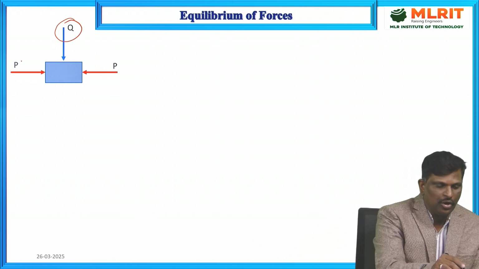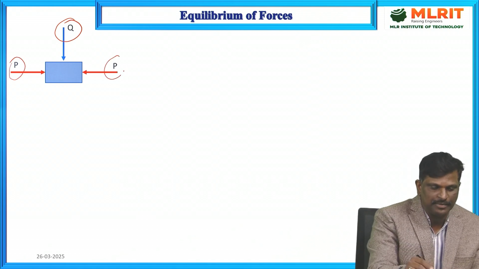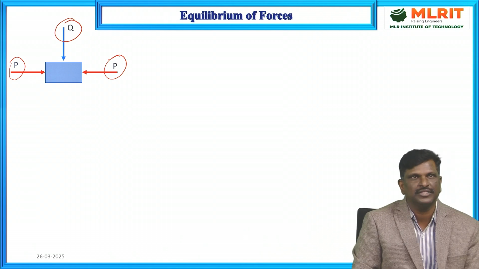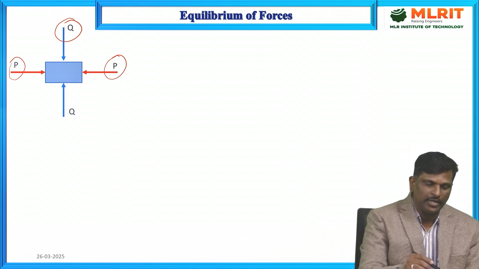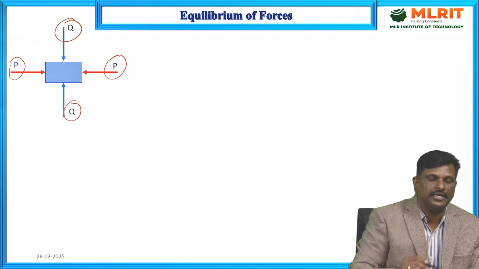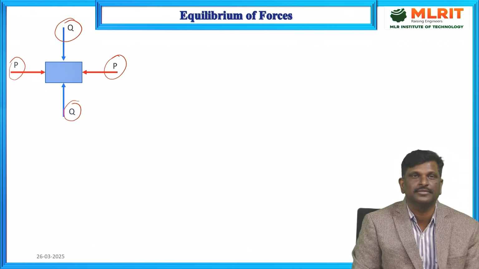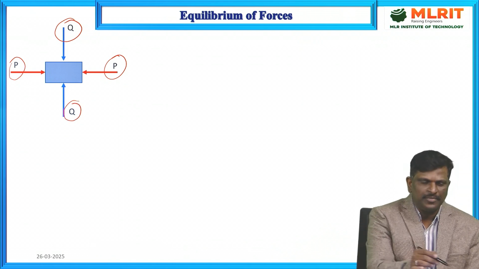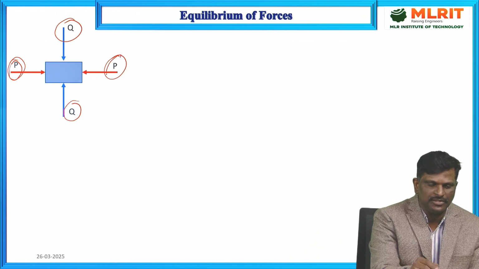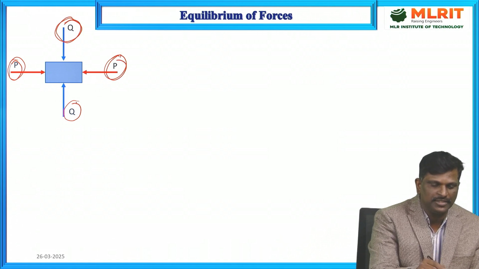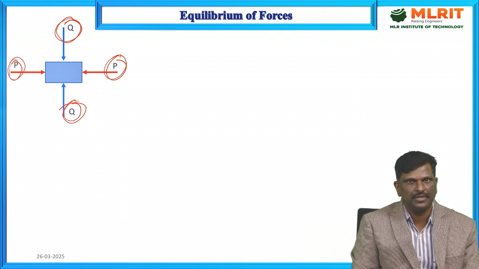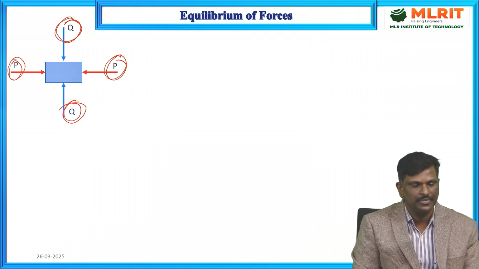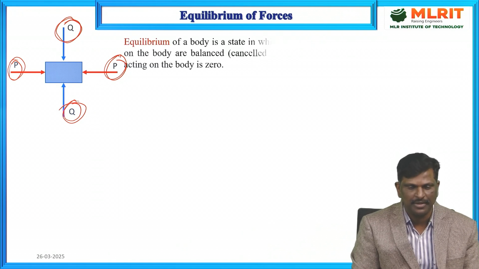Even though horizontally the forces are balancing themselves, vertically the force is not balanced. If you introduce another force in the vertical direction upward and equal to the existing force, then now horizontally the forces are balanced and vertically the forces are balanced.